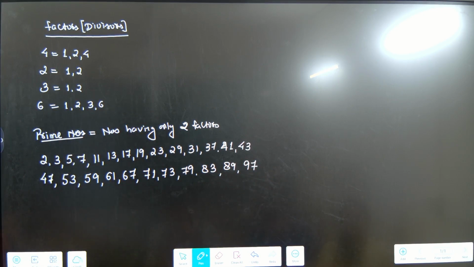These are all prime numbers from 1 to 100. And if you count, there are a total of 25 prime numbers from 1 to 100.